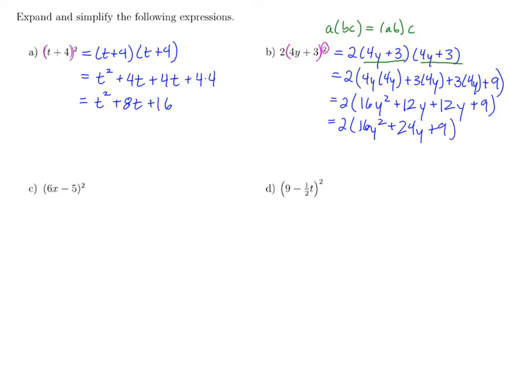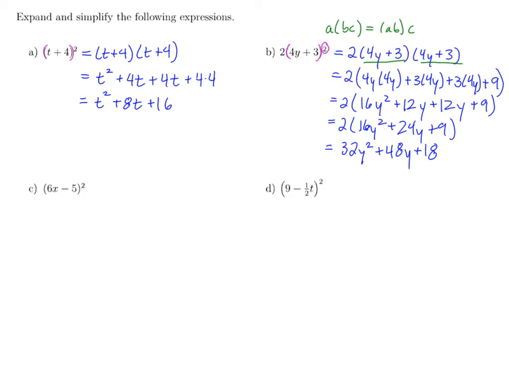Now at this point, I'm almost done. The last thing that I want to do is distribute this 2 across those 3 terms. So distributing the 2 to 16y squared, I'll get 32y squared. Distributing that 2 to 24y, I'll get plus 48y. And then distributing that 2 to 9, I'll get plus 18. So that expression, when fully simplified, is 32y squared plus 48y plus 18.